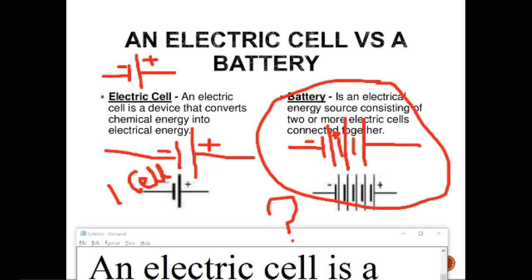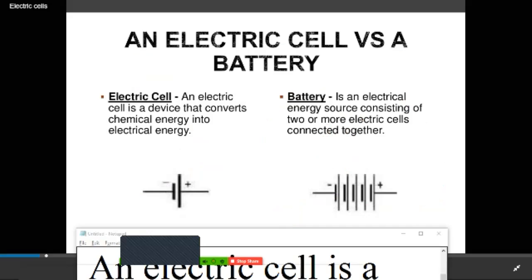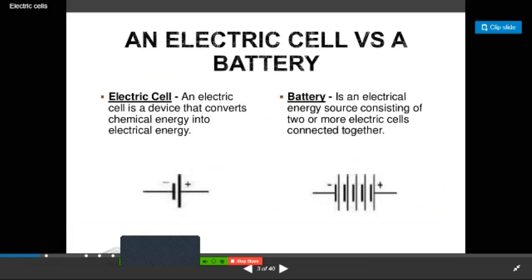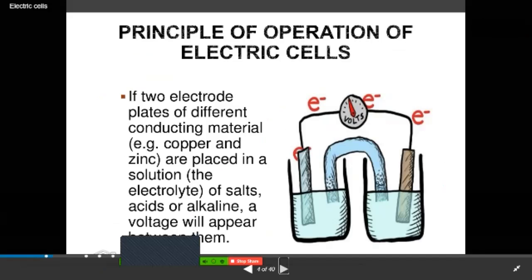So more than one electric cell grouped together, connected together, that becomes a battery. So this was a good question by Vaishnavi, and she just wanted to ask about that. Very nice.